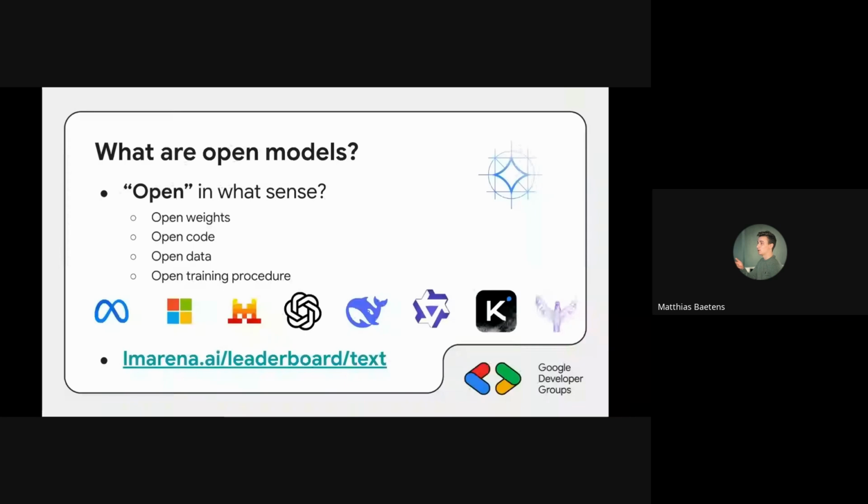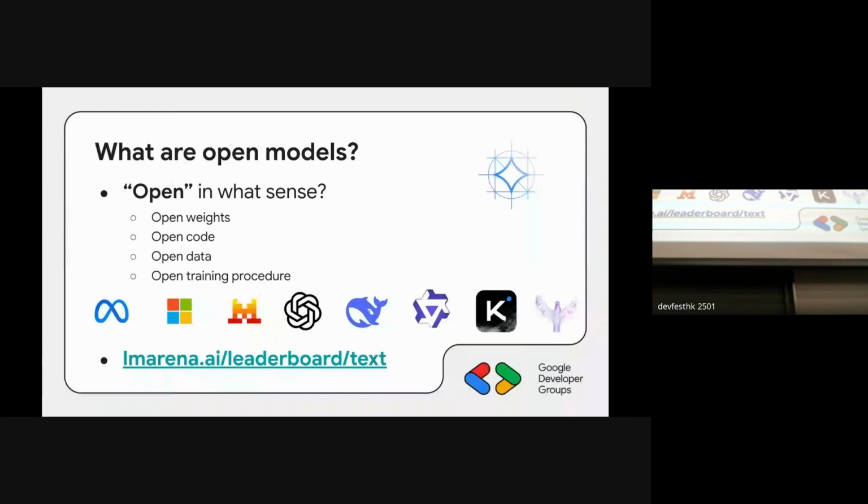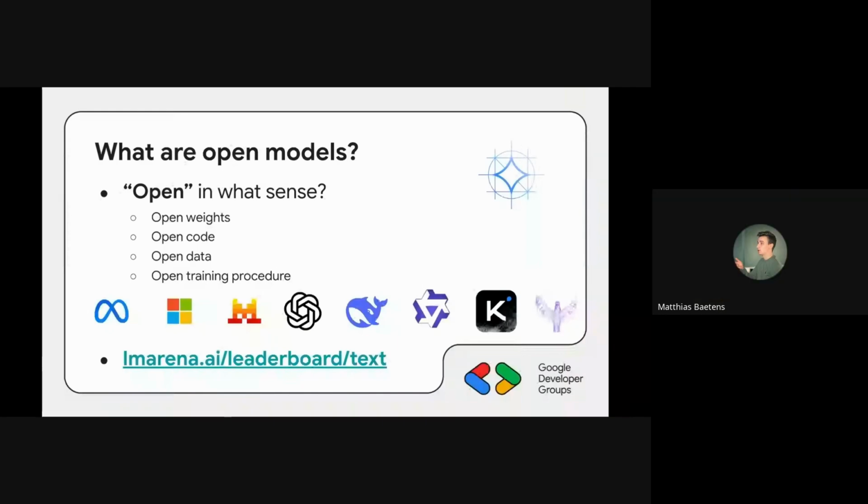I think it's more academic. A few other models are out there besides Gemma. There is Microsoft Phi, there's Mistral, there's even OpenAI with their own models, and a few from around this side of the world.